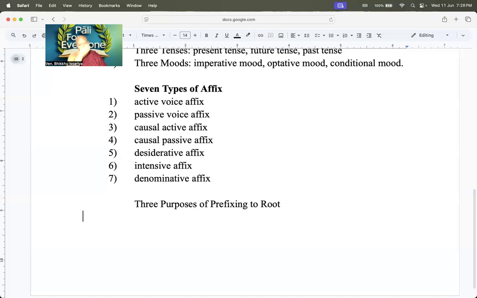For example, one is to change the meaning of the root to the opposite one.